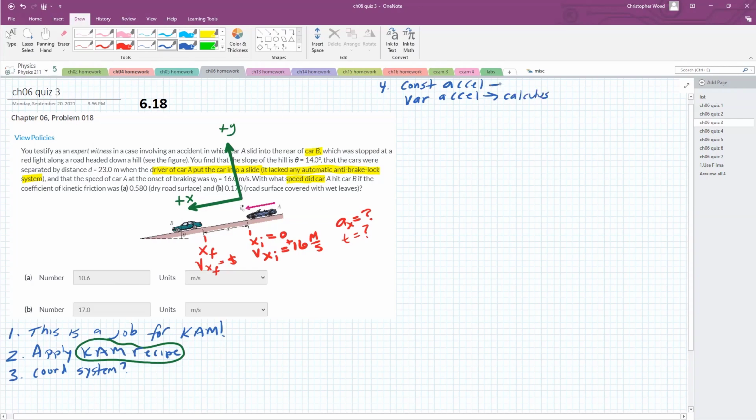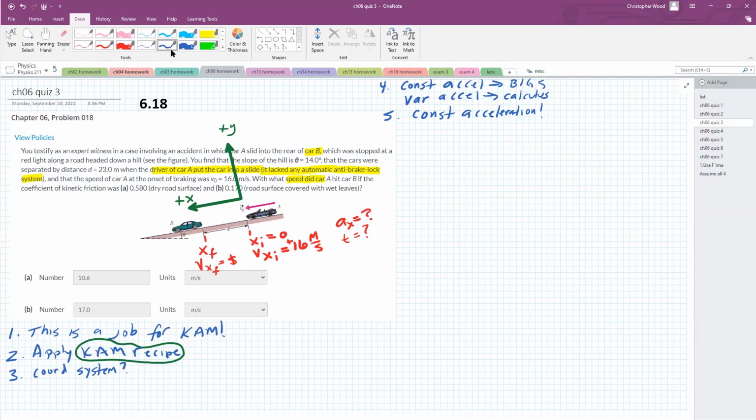If it's constant acceleration kinematics, it's a job for the big 5. I'm thinking this is constant, because every force acting on the blue car is constant, which begs the question: what are the forces acting on the blue car?